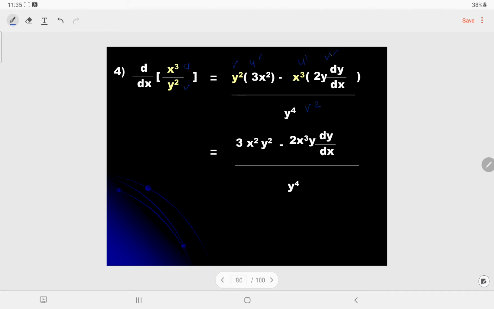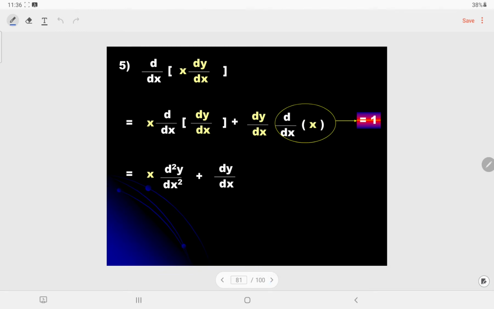Then we find the derivative of v, which is 2y dy over dx, over v squared, y to the power of 4. Then we solve this, and we get the final answer.